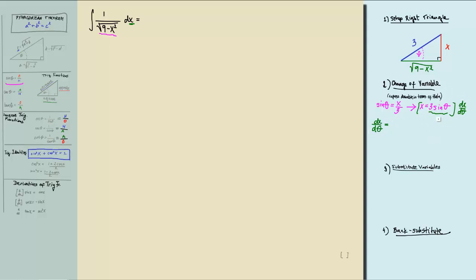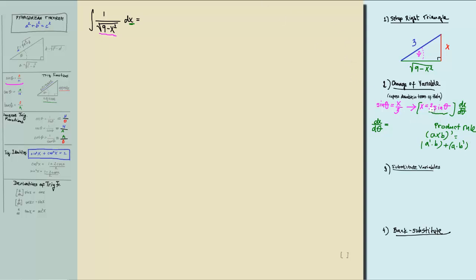So let's see what it is. Now remember the product rule for differentiation: if you have a times b, the derivative is the derivative of the first times the second plus the first times the derivative of the second.